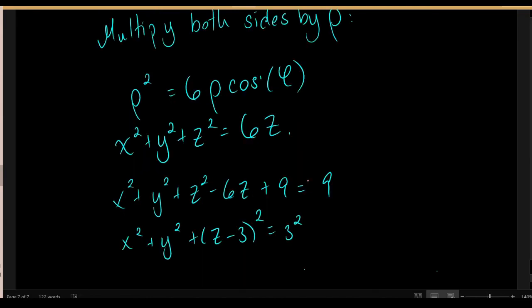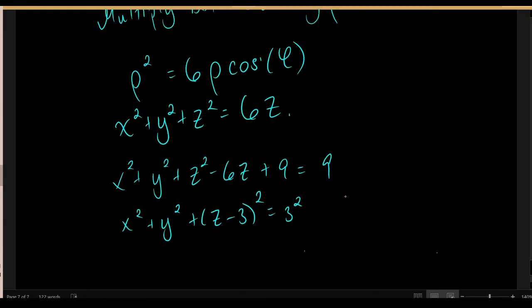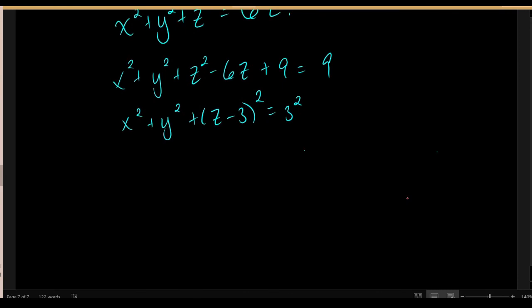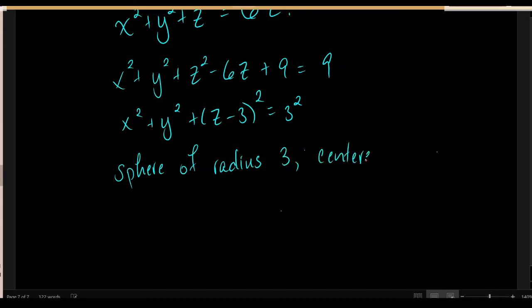Just like I had an offset cylinder in the very first example, in this case I have a slightly offset sphere. This is a sphere of radius 3, but not centered at the origin, centered at the point where x is 0, y is 0, and z is 3.